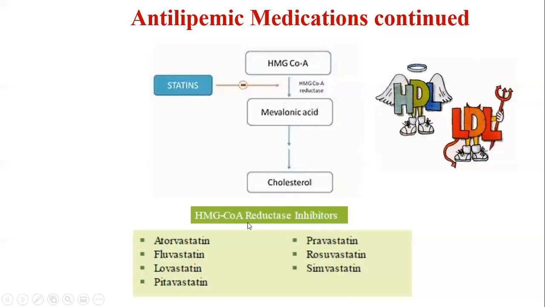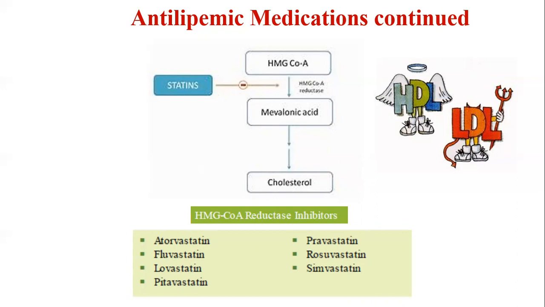So you see HMG-CoA reductase inhibitors example. The end of every drug is statin: atorvastatin, fluvastatin, lovastatin, pravastatin, rosuvastatin, simvastatin. So when you see the statin, it means it is an HMG-CoA reductase inhibitor.